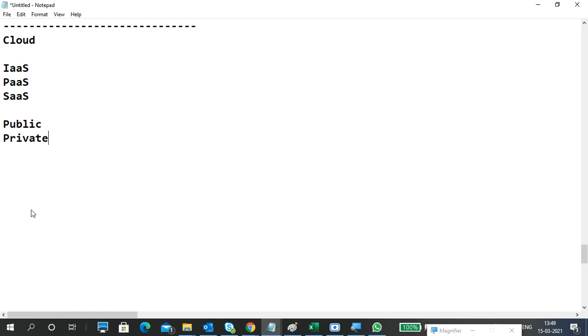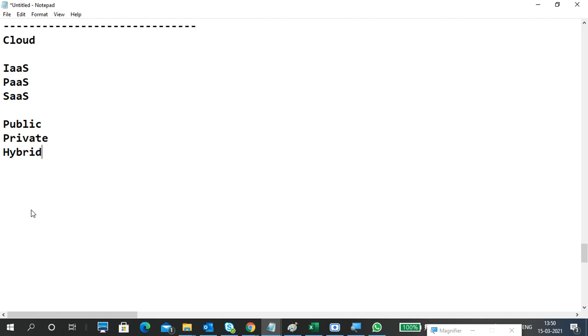I virtualize the entire infrastructure and make it cloud computing. I utilize it only for my organization's needs, not for other organizations. Maybe for my specific clients only, not for anybody. No one will access my infrastructure unless I give it to them. So that is a private cloud. It's a single-tenant type.